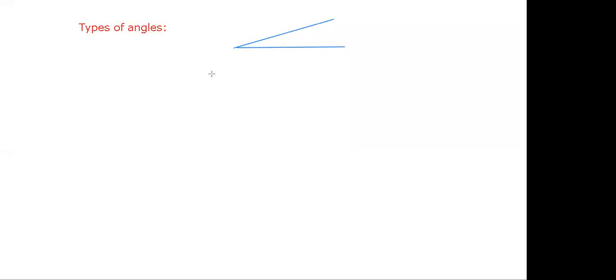Okay, class. Types of angles. If the value of this angle is just below 90 degree, that means between 0 degree and 90 degree, not 90 degree, then this angle lies between 0 and 90.